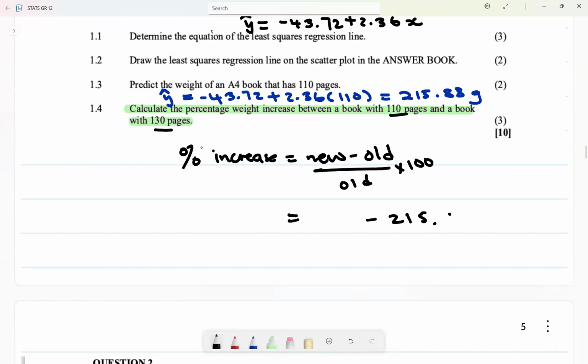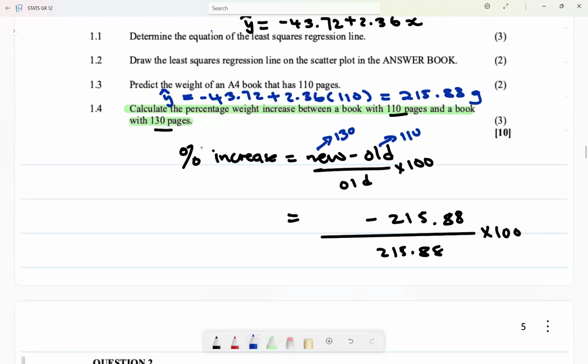The old weight we already have, which is 215.88, and I'm going to divide by that old one, 215.88, and then multiply by 100. But now I need to find the new weight, when the pages are 130. This one is old when the pages are 110.